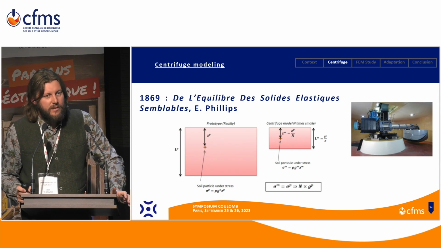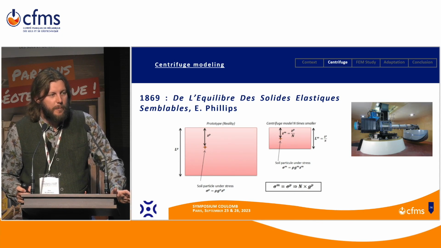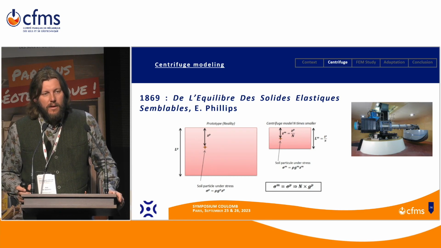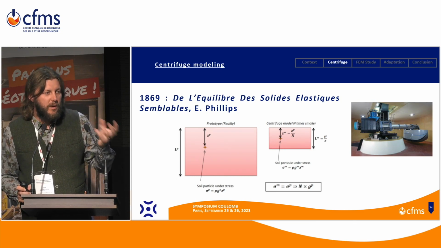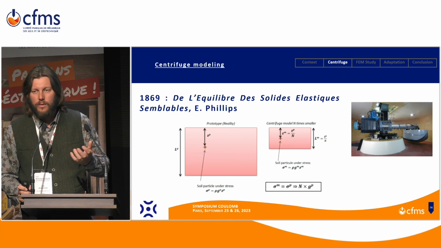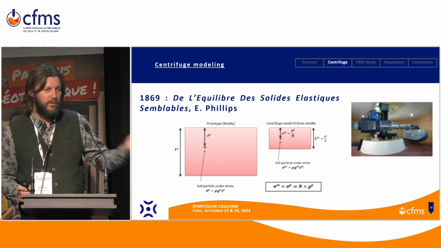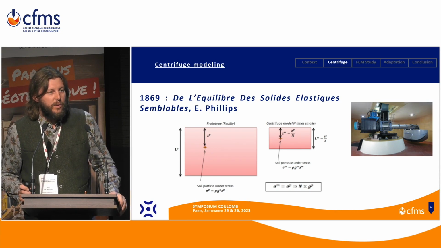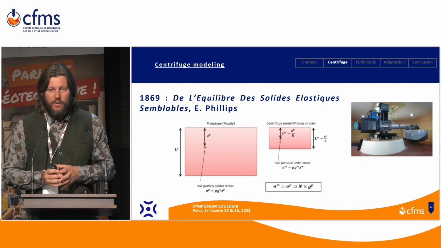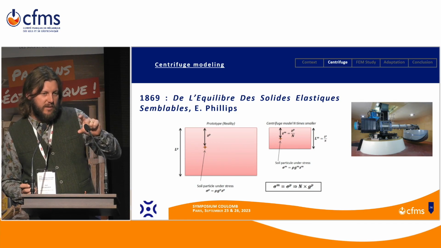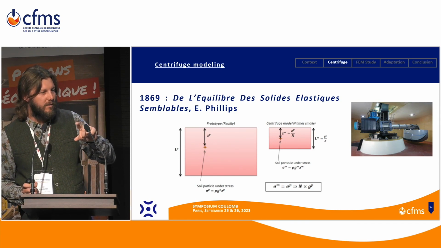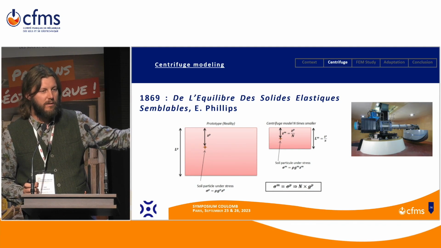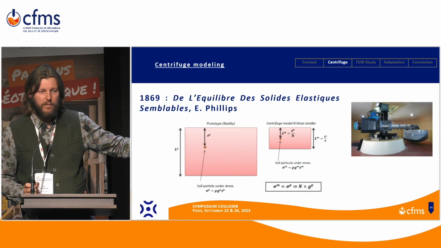And the idea was that if you want to do reduced scale models, since soils are highly nonlinear, you still want your soil particles to undergo the same stresses and strains as in the real prototype scale. So if in your reduced scale model you have a particle which is 10 centimeters below the surface, it has to undergo the same pressure as the sand particle 10 meters below the surface.